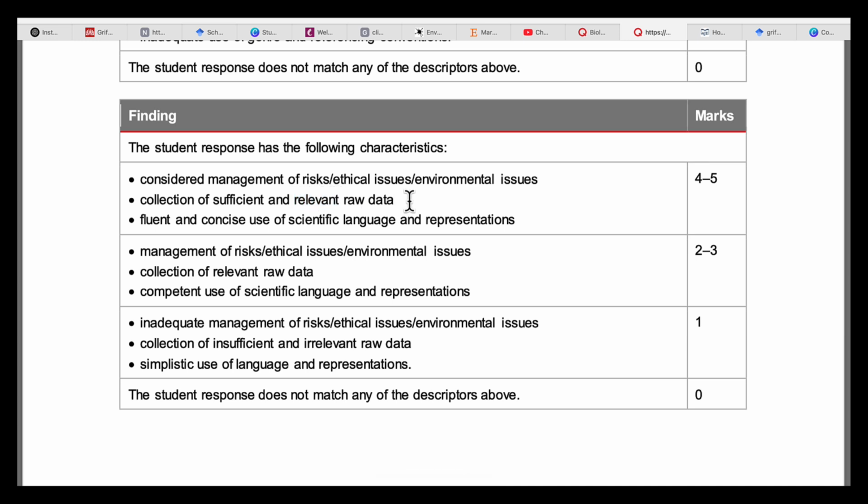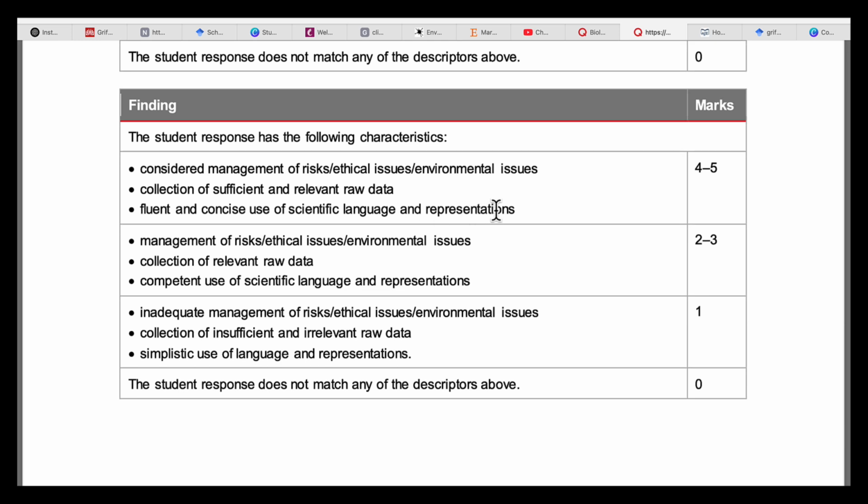So you need to be thinking about your research question. For example, if you're doing an ecological study and one of the things you're measuring is an abiotic factor, you need to make sure that you're measuring that abiotic factor on every transect line and every quadrat. Otherwise, it's not going to be sufficient. So do think about that.